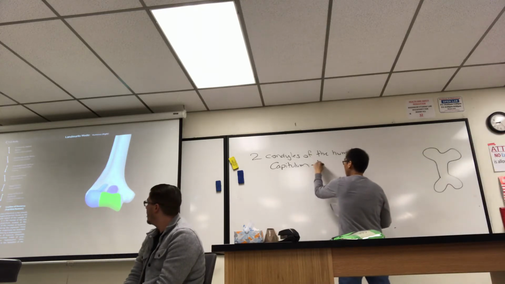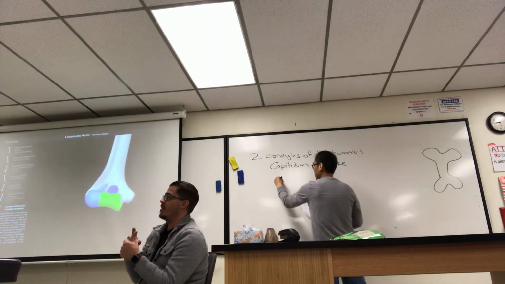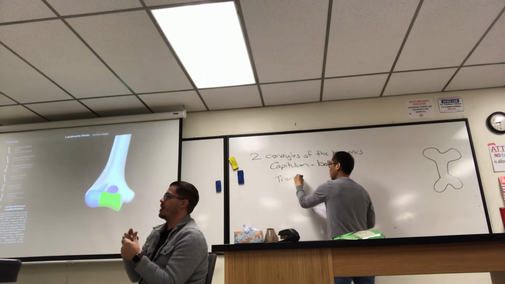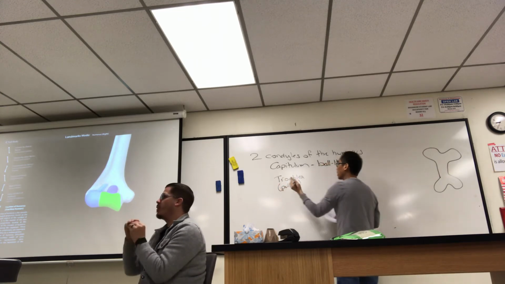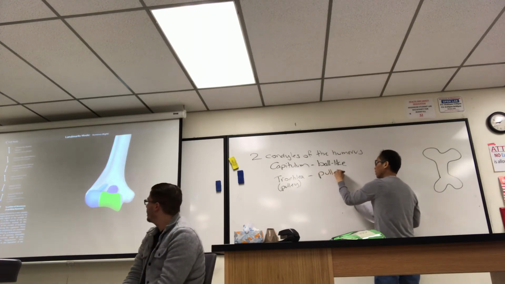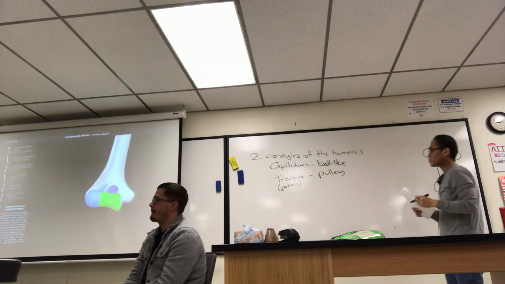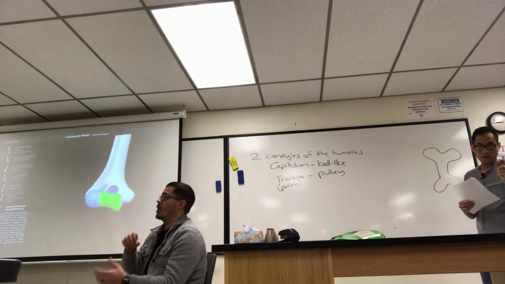The capitulum is ball-like. Trochlea is a word that means pulley. I should have used that to describe it. The capitulum articulates with the radius bone of the forearm.